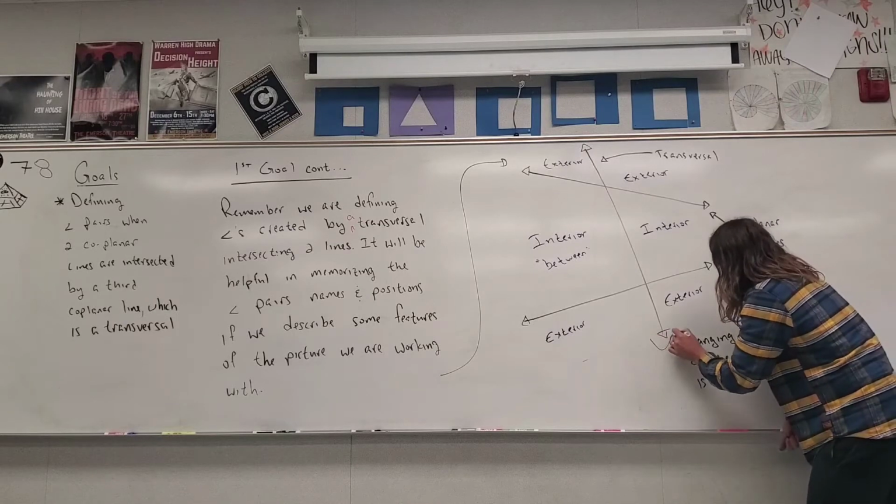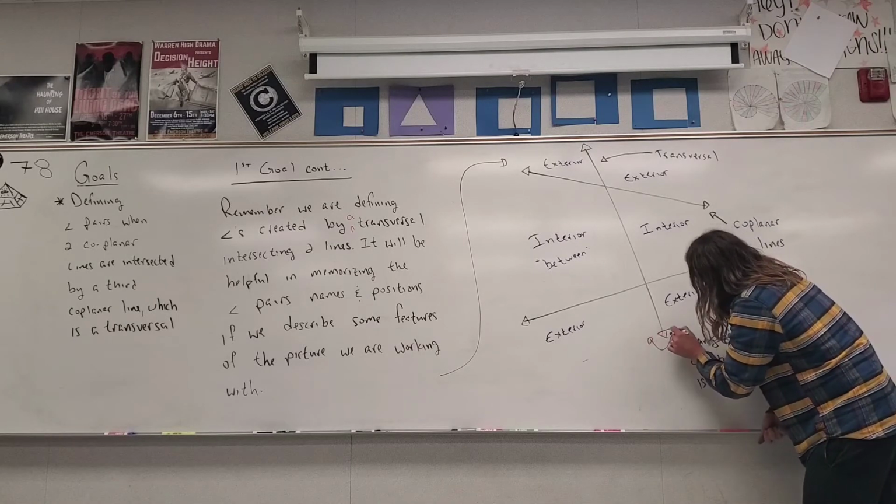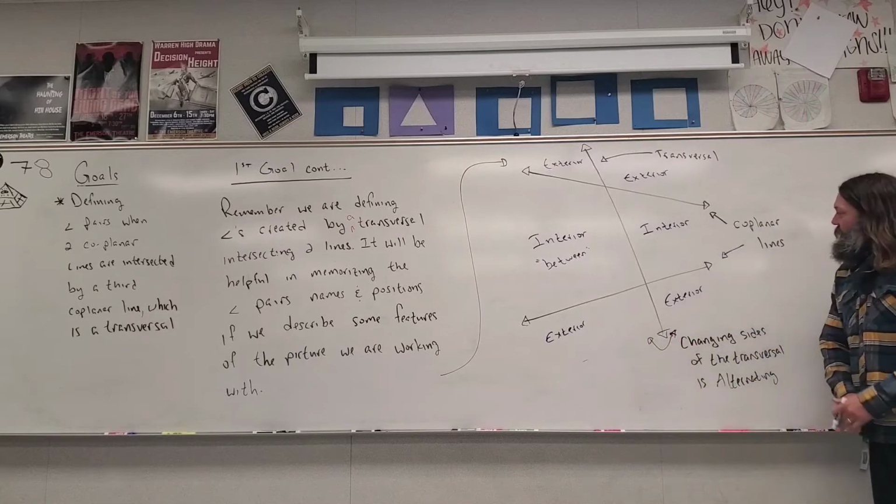Okay, so jumping from one side to the other, it's a terrible arrow, is considered alternating.